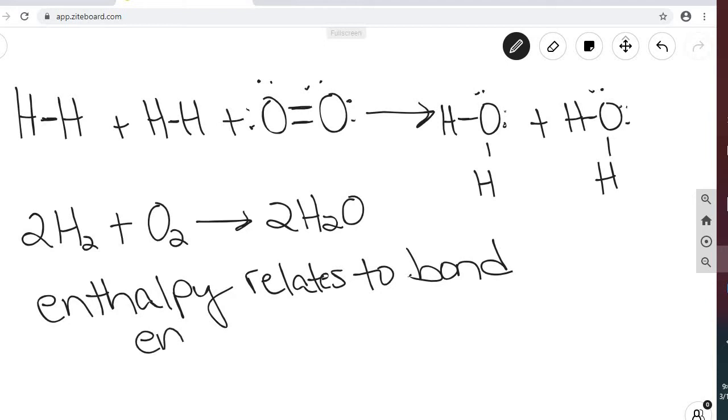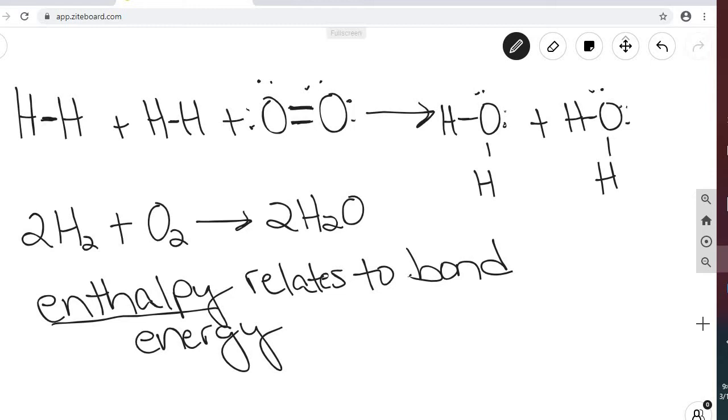Now, the other thing to think about is that this bond energy is potential energy, so it's energy that's stored within these chemical bonds. So if we can look at what happens to the bond energy, then we can get some idea of the change in energy associated with a chemical reaction.